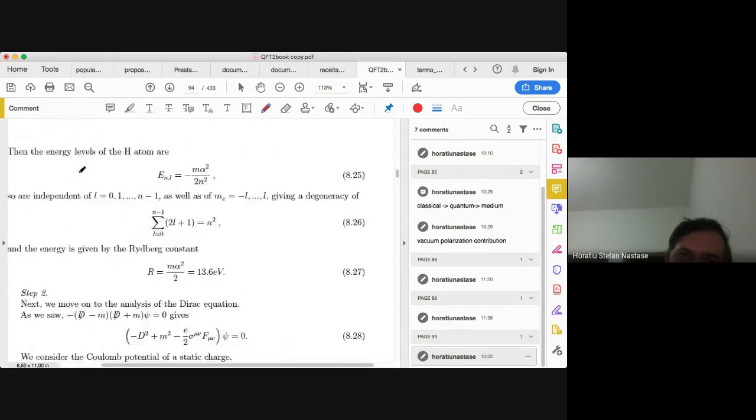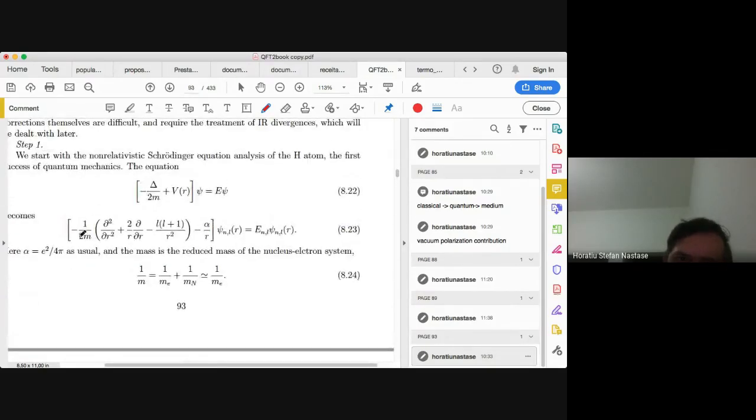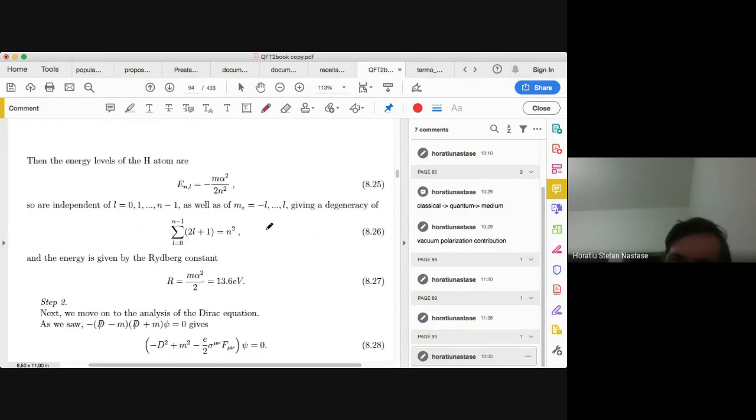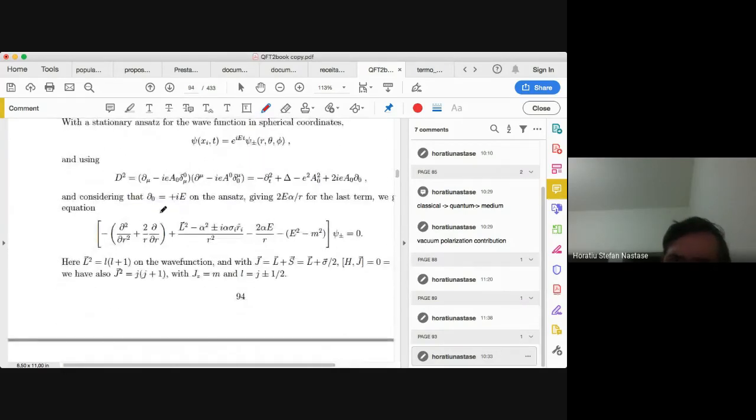Then I would obtain. Remember, in the Schrodinger equation, I had this object, it was divided by 2M. It was delta over 2M. So this equation should really be thought of as, we should divide this equation by 2M.